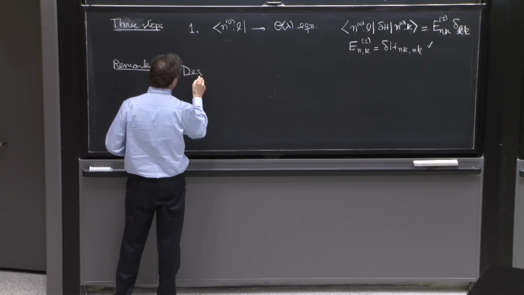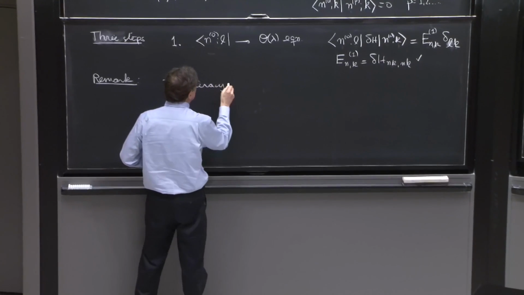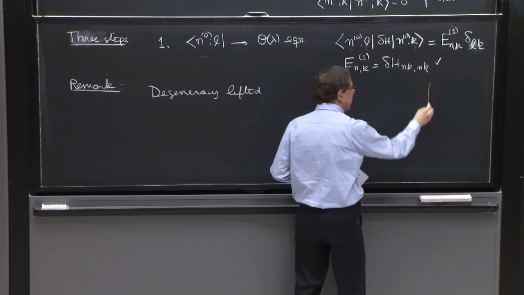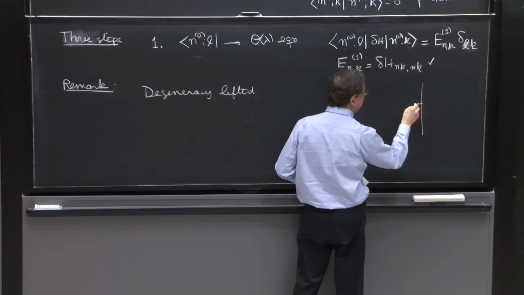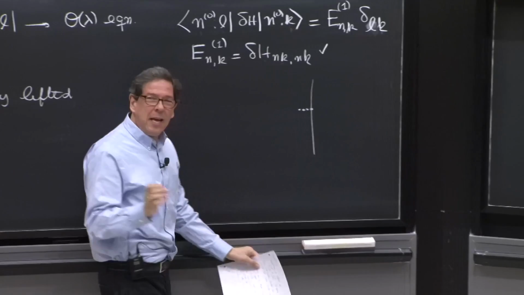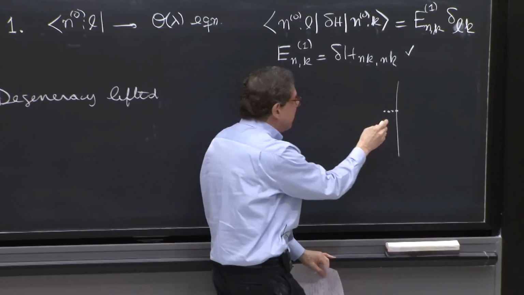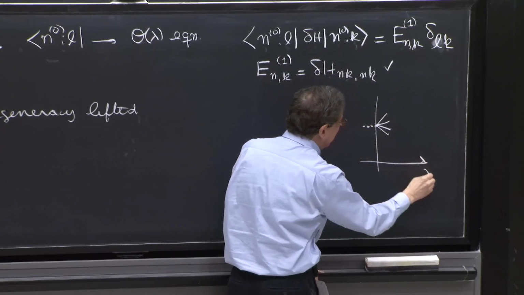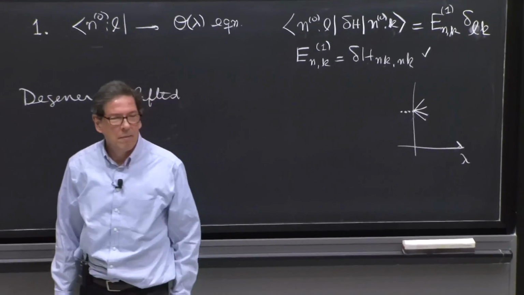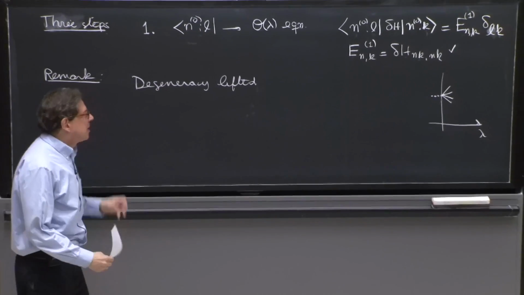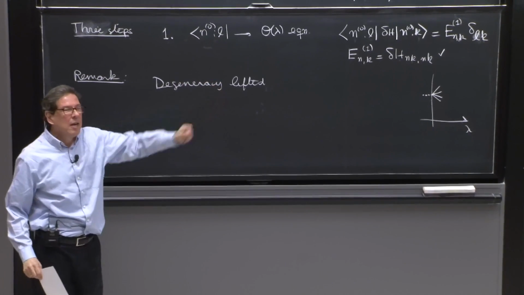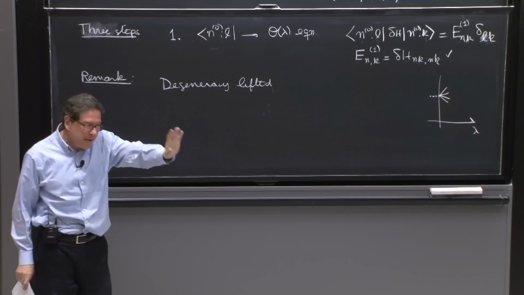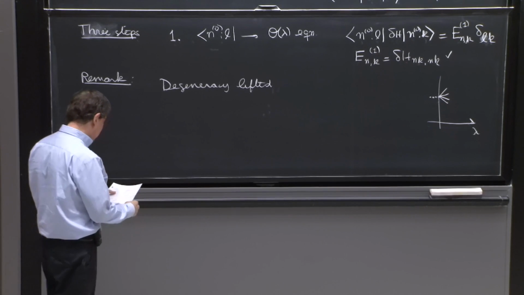So degeneracy lifted, and you have the intuition of what happens. These states are all here at the same energy, and then if the degeneracy is lifted, say these are 4 states, then suddenly 1, 2, 3, 4, as lambda changes, they split. So their energies start to become different. And that depends on the first energy corrections being different for every single one of the states.